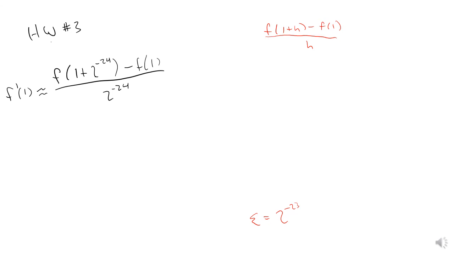Because the smallest number the machine can handle here is 2 to the negative 23rd, but we're doing 1 plus 2 to the negative 24th. So really what this question boils down to is I want you to think about how the machine will handle this number here, and kind of base your answer to that homework question on what's happening to that 1 plus 2 to the negative 24th in a single precision machine.